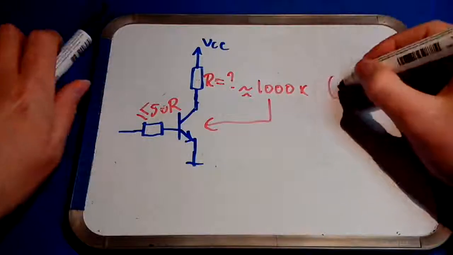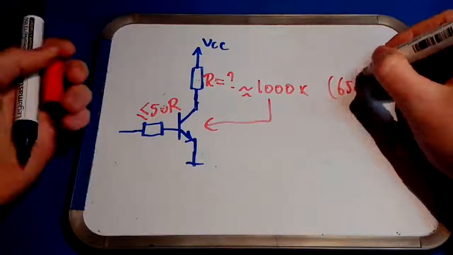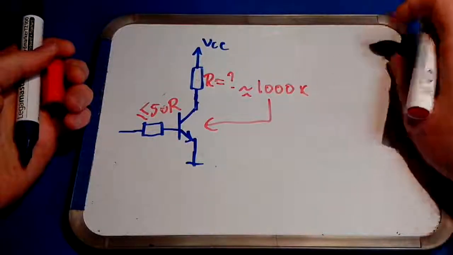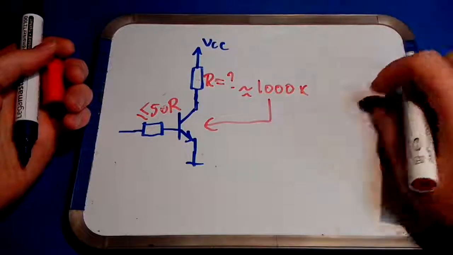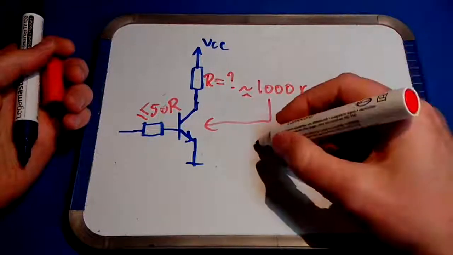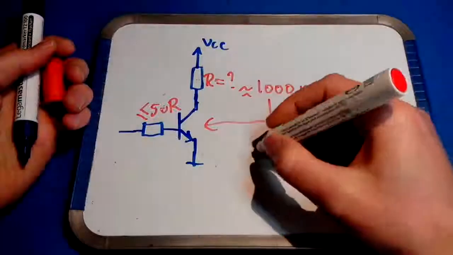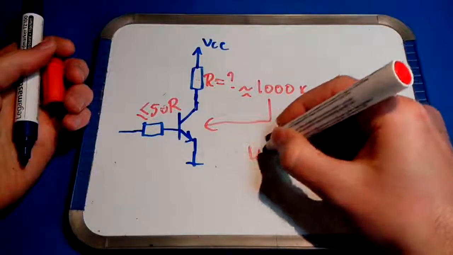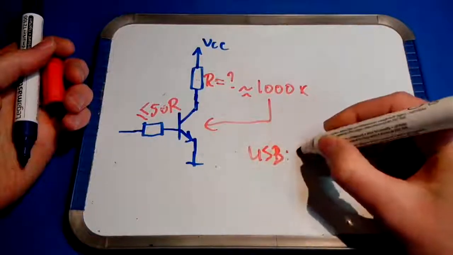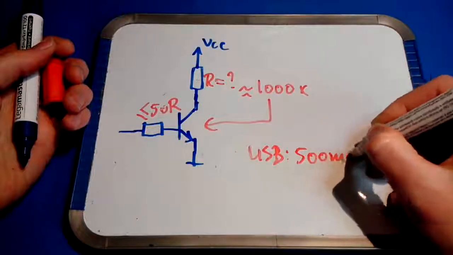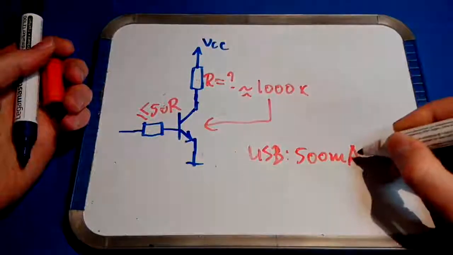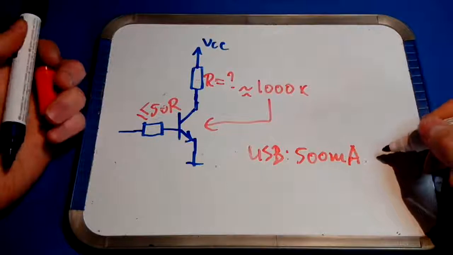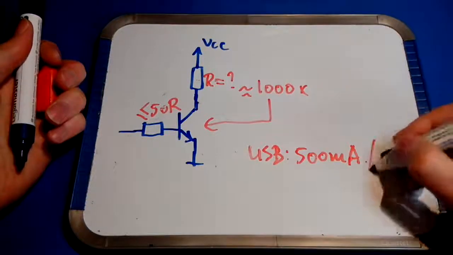Now in reality that's more like 650, but that doesn't matter, ballpark figure 1000. One of the requirements was that the CPU could be used from a USB supply, and USB is 500 milliamps max, right, at 5 volt.